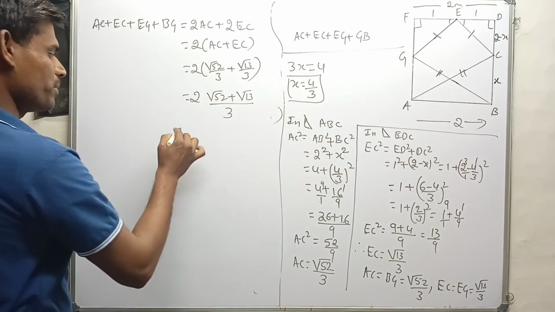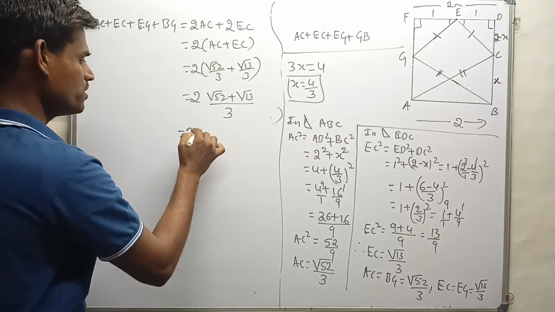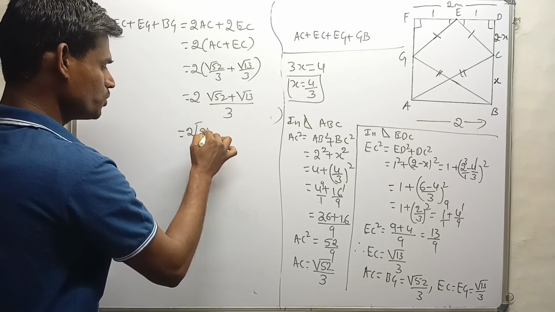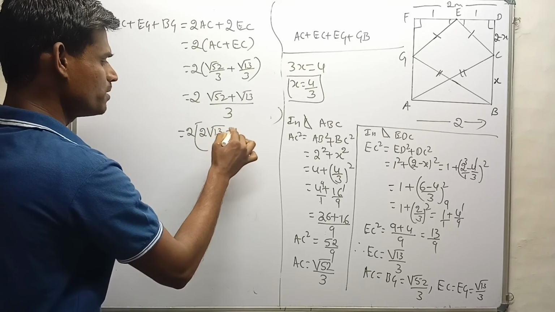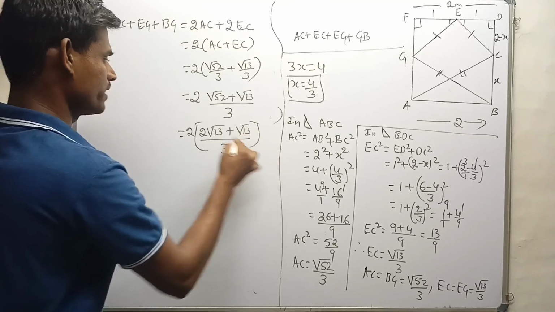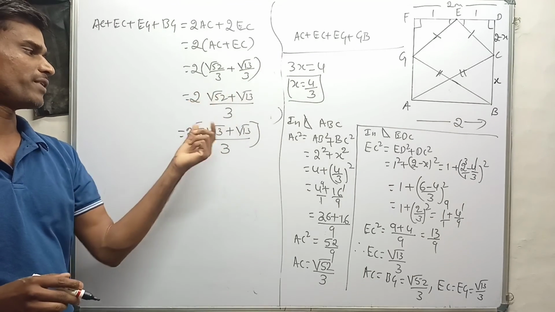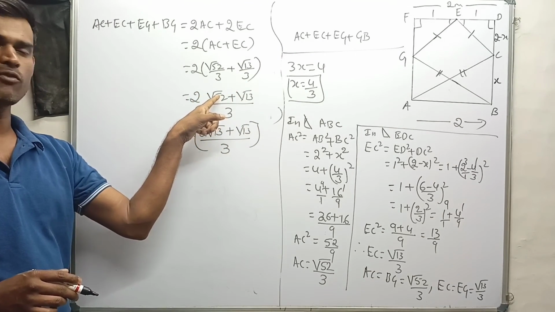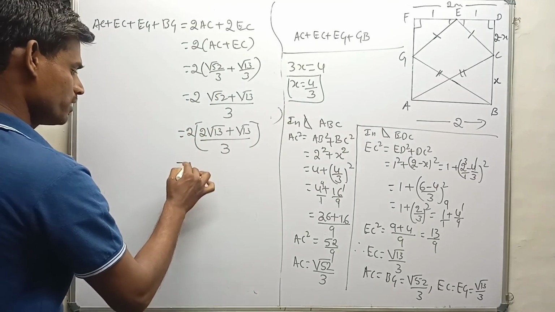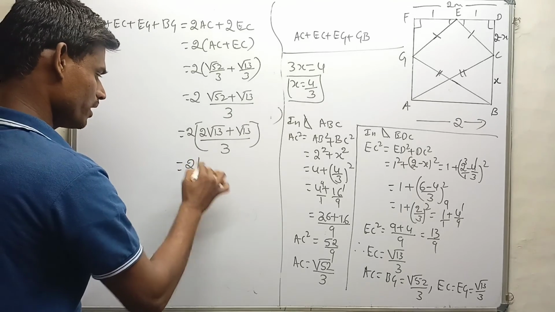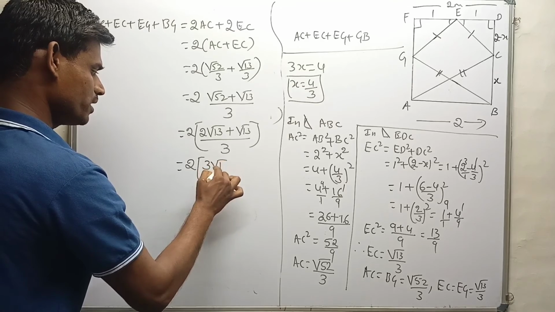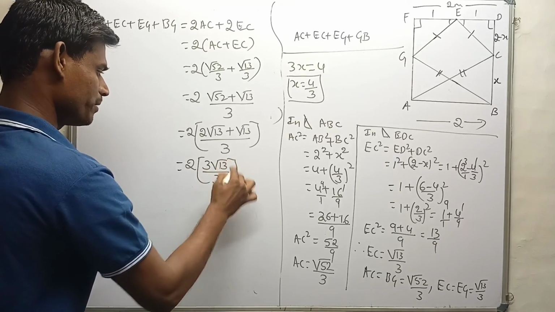This root 52 can be rewritten as 2 root 13, because 13 fours are 52. Then taking out 4 from the square root, we have 2, then 2 into 2 root 13 plus root 13, we get 3 root 13 divided by 3.